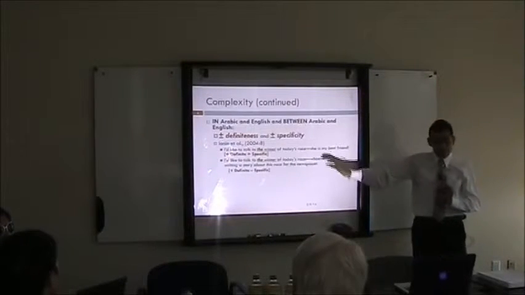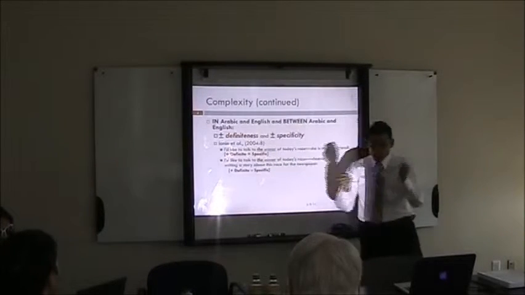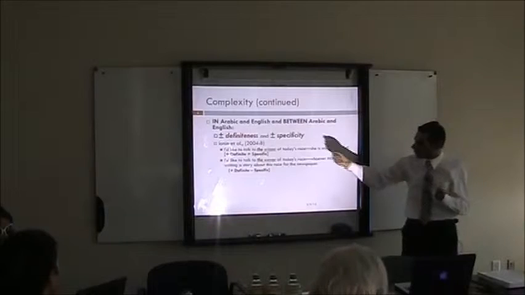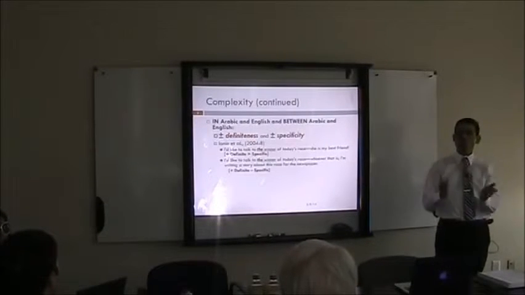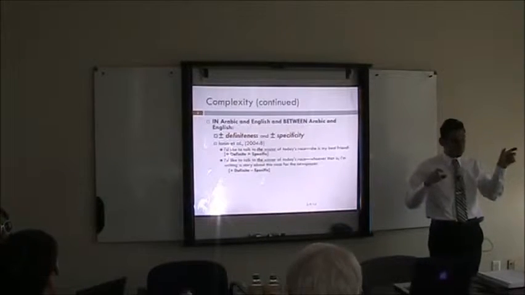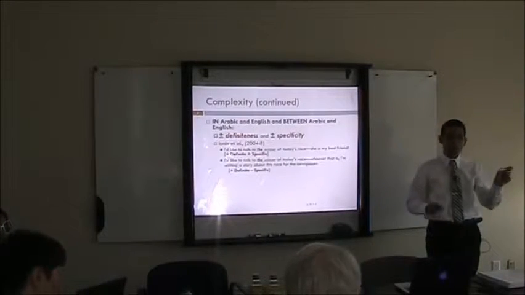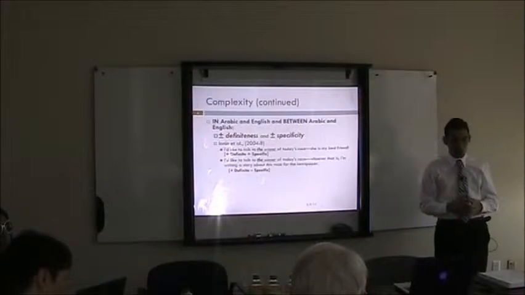But to understand what she's saying, she makes a fine-tuned distinction between plus or minus definiteness and plus or minus specificity. And she argues that these two features are independent. The fact that you add a definite article before the noun phrase does not mean that you are specifying that noun phrase.